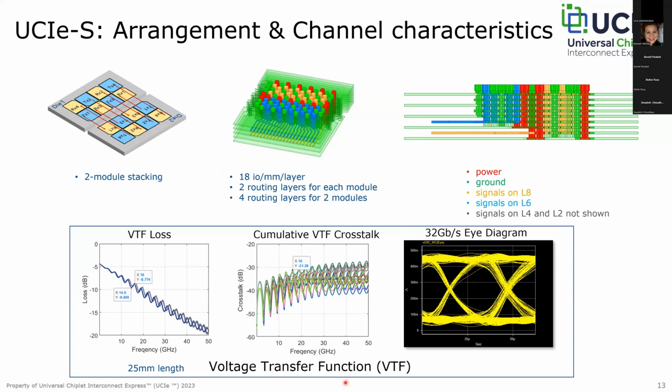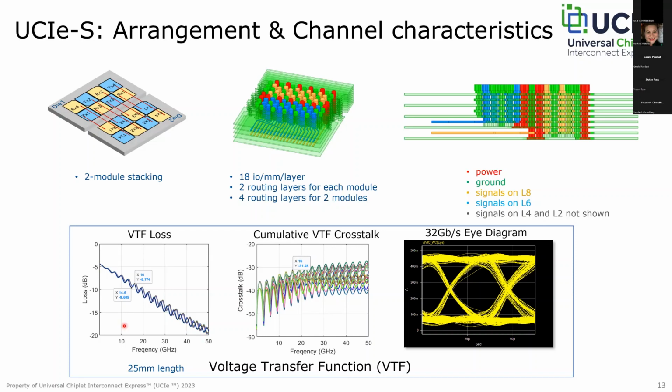In the electrical specification, we address insertion loss and crosstalk with the voltage transfer function, VTF. In this example, we have an eye diagram for you at 32 gigatransfers, what that representative eye diagram looks like at the maximum 25 millimeter channel at 32 GT/s.